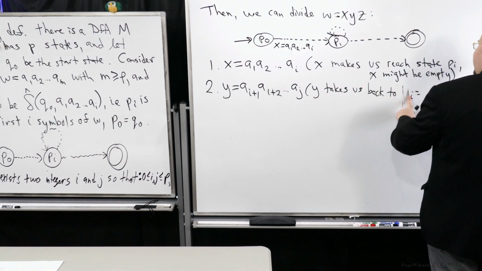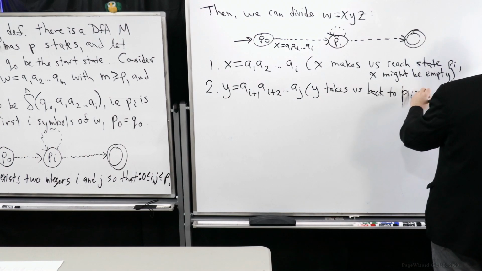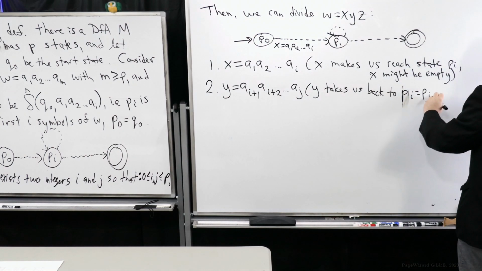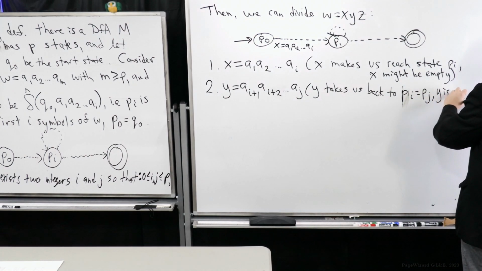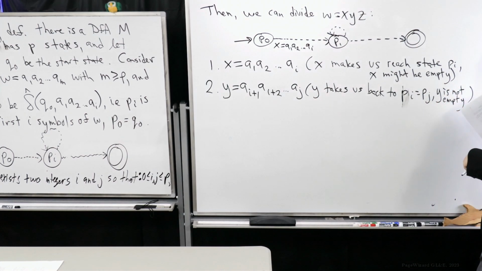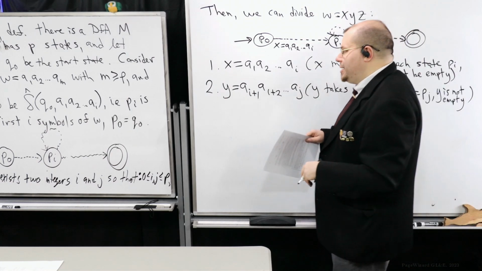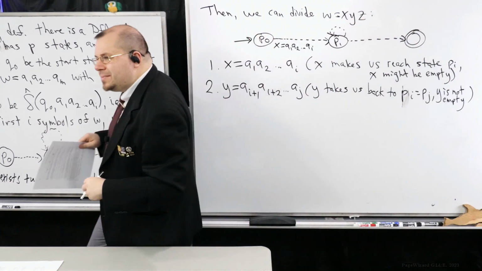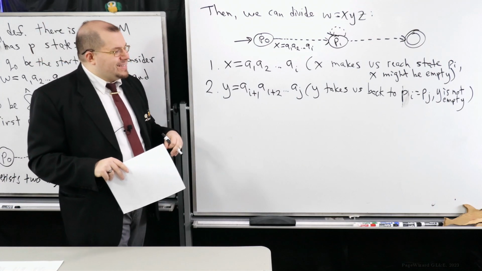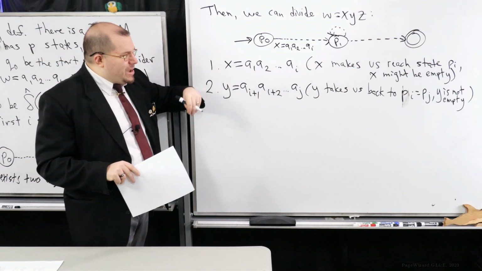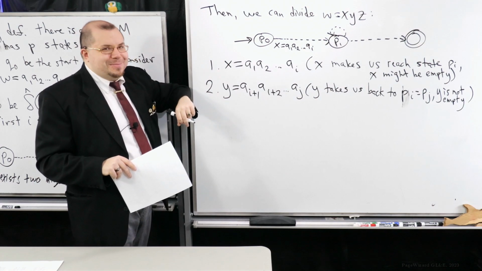So y takes us back to pi, which is equal to pj. But remember, y is not empty. That's the thing you really need to notice. I want you to think about why it's not empty. Remember, x can be empty, but y can't be empty.